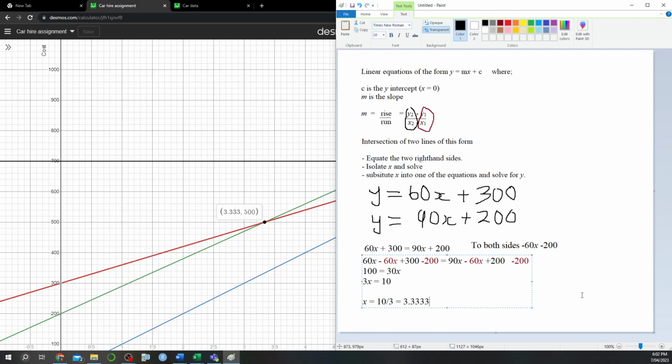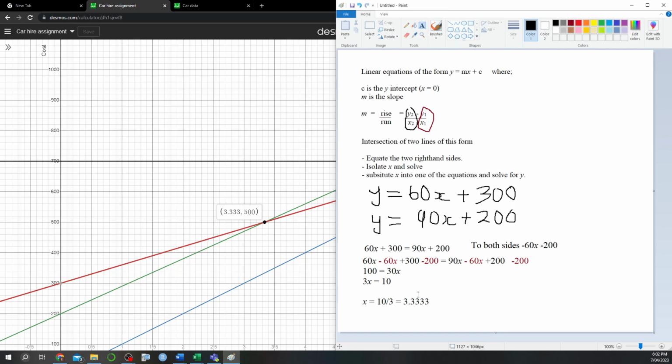Now the way to solve the next part is you need to take that value and substitute into here. Now, this happens to be a fraction or decimal, so it's not the most pretty way to do it. I'm going to put myself a little boundary as far as that goes. Now the next part is we're going to solve for y.